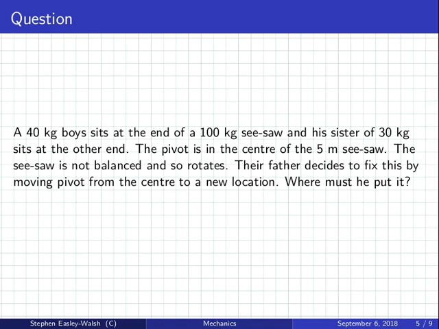Okay, so just try and draw the picture. Good, good, and just put the numbers in if you can.